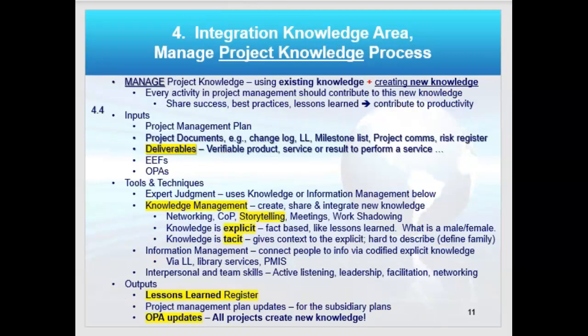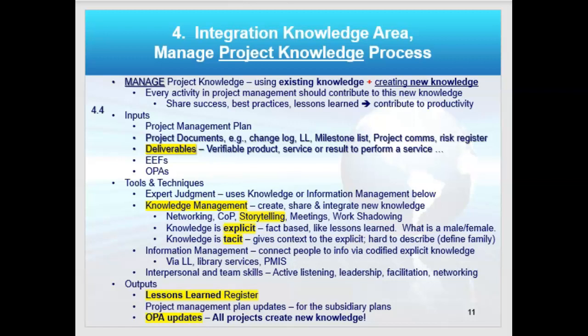Okay, now the other process in executing is called manage project knowledge, right? And we're always using existing knowledge and creating new knowledge. And the point is share it with people, right? So we have our inputs, tools, and techniques, and outputs. And the inputs are fairly common. You can read them for yourself. But one of the inputs is the deliverable, which is an output of my last process, right?